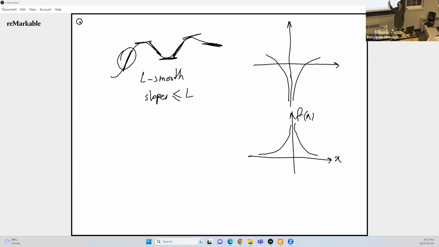What is the maximum slope of this function? It's infinite, right? Here the slope becomes infinite. So it's very hard to optimize. What is the maximum of this function? It's infinite. And the arg max, I don't know if it is defined, but assuming that it is defined, it is 0. Okay. But if I want to solve it iteratively, it's very hard.